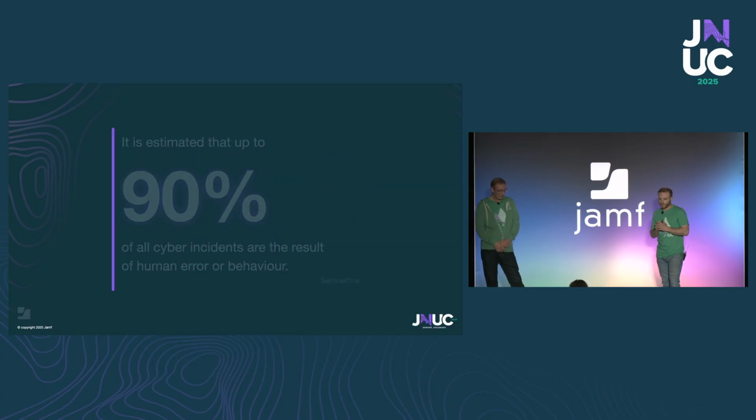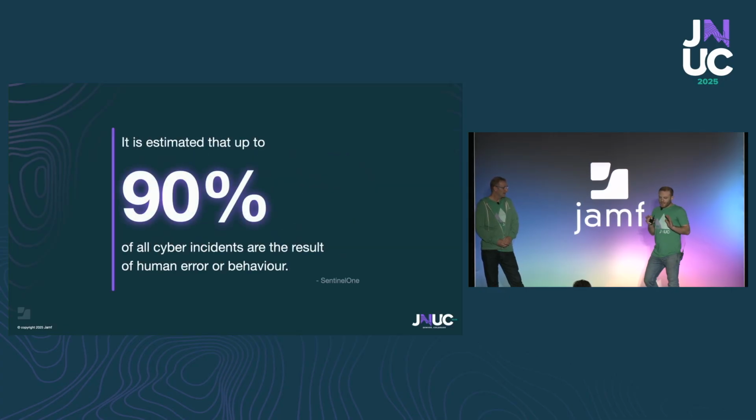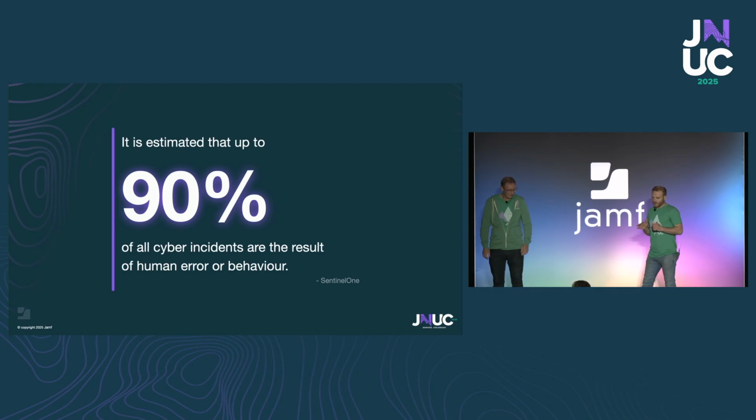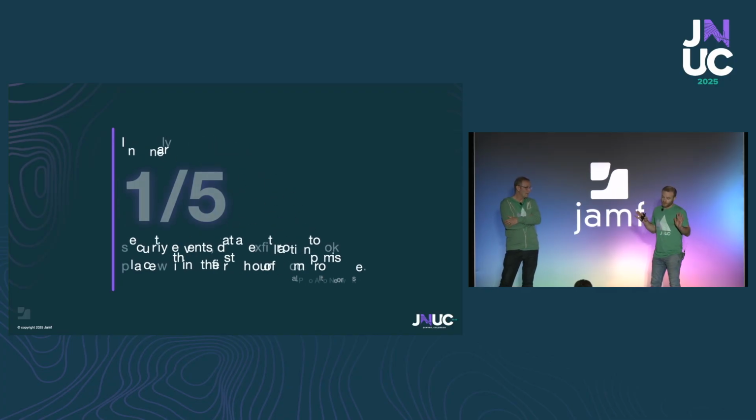So I want to start with a fun fact. It's estimated that up to 90% of all cyber incidents are the result of human error or behavior, resulting in users representing the most vulnerable aspect of an organization's cybersecurity defenses. Another one for you.